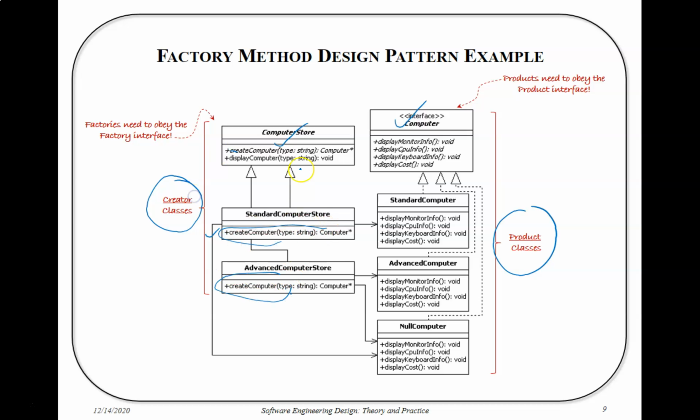It is not implemented in the computer store abstract class, but the concrete class implements it. This is the set of concrete classes for the interface. For an interface, there is no implementation at all. It is purely an interface, and all the methods need to be implemented in the concrete classes.